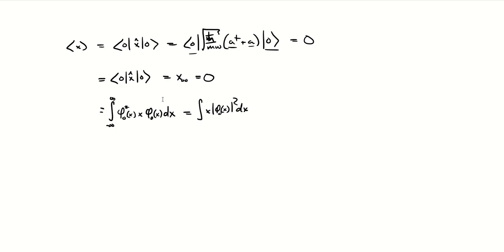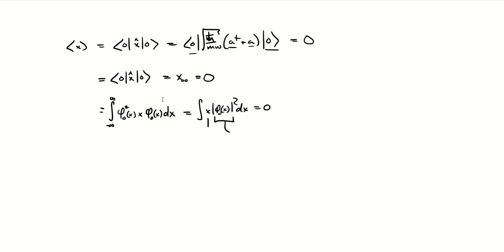We can see that this is 0 because the probability density is an even function and x is odd. So we end up with an odd function, and integrating over all space gives us 0. Again, we should be familiar with using these different representations and how to make calculations.